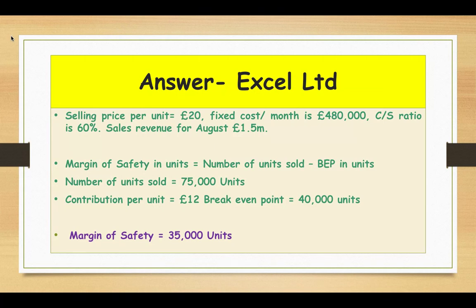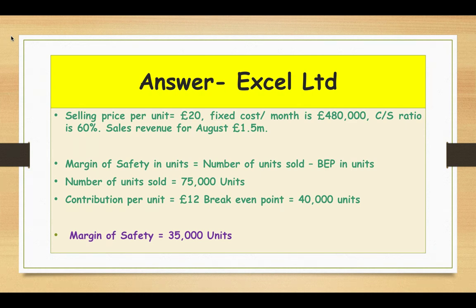So contribution divided by the sales, which is £20, equals 60%. So we can cross multiply and we will get the contribution, which is 60% times 20. So the contribution per unit is £12.